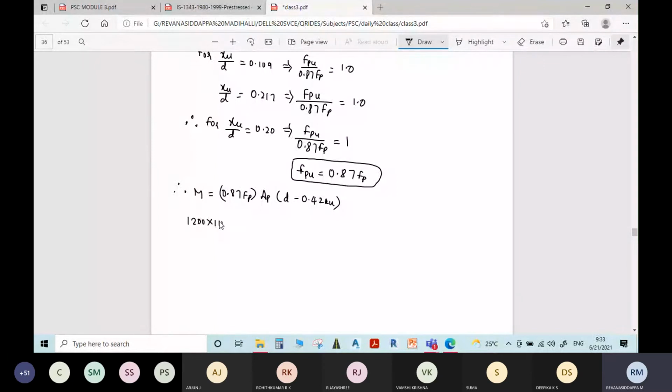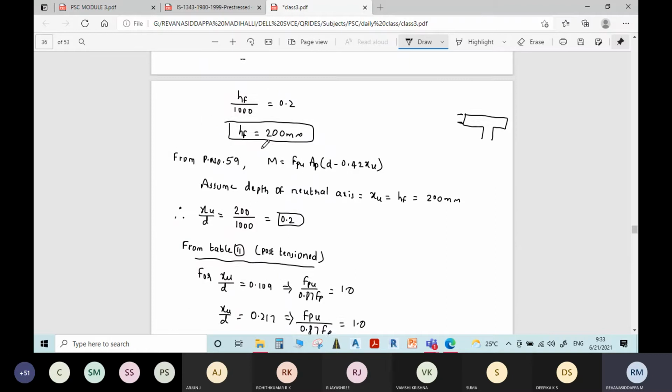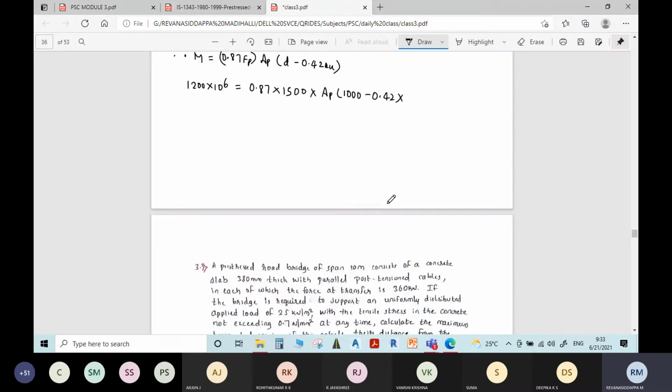So 1200 into 10 power 6 is equal to 0.87 into 1500 into AP into 1000 minus 0.42 into 200, since XU we have assumed as 200 mm. By this you will get the area of pre-stressing steel required.